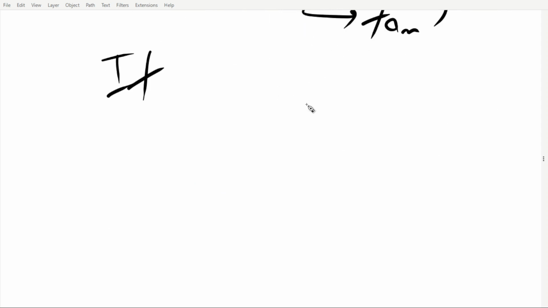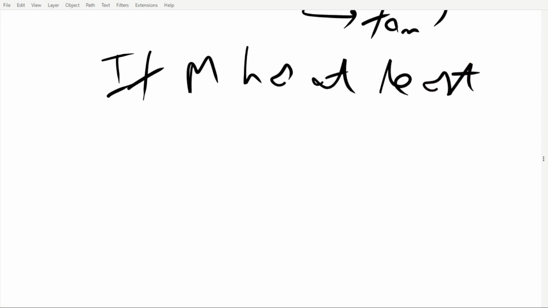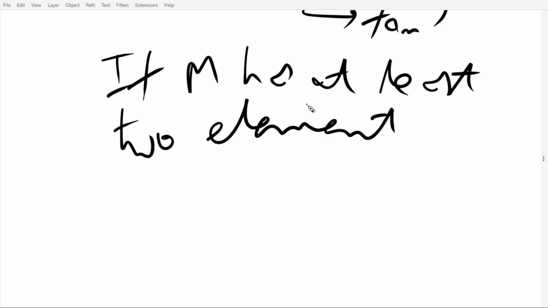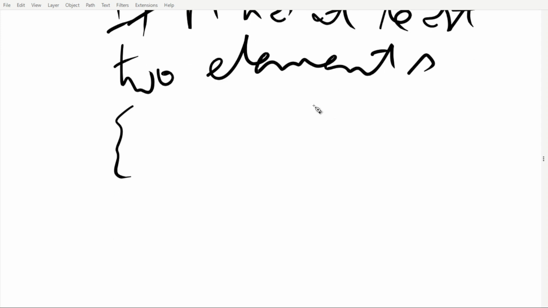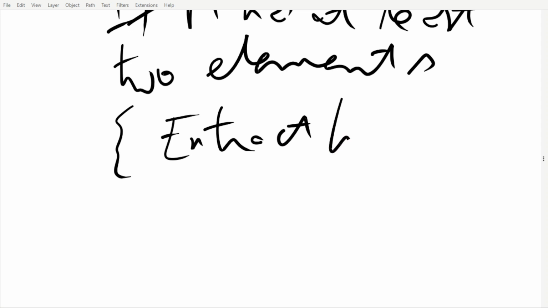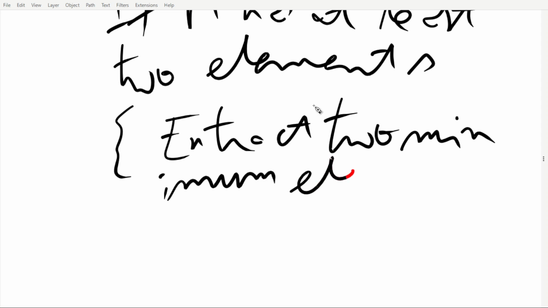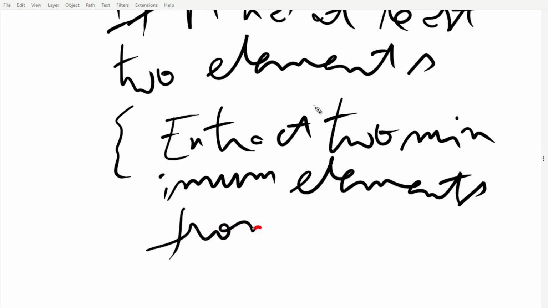So if m has at least two elements, then what we do is extract two minimum elements from m.